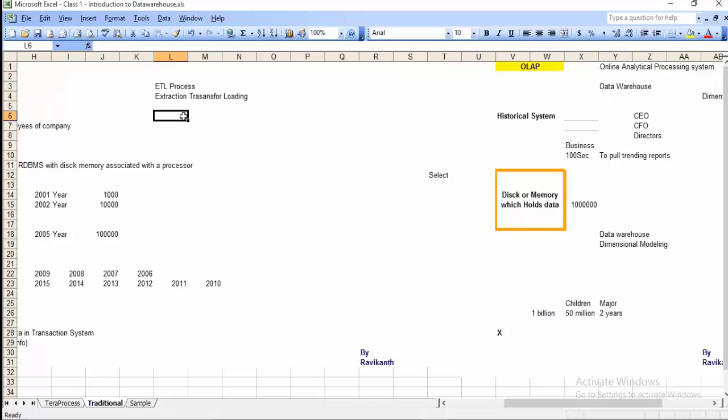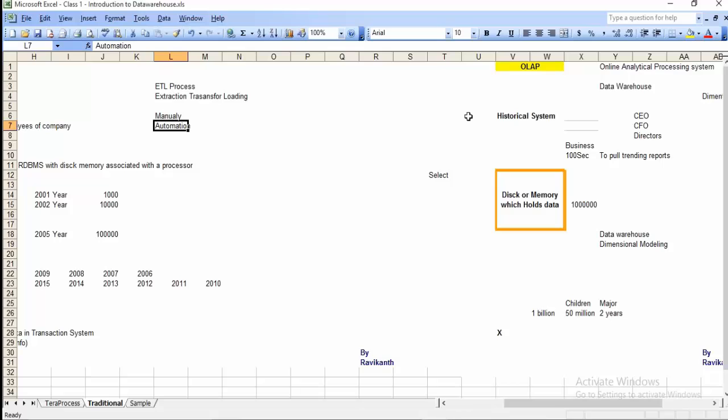Now the ETL process can be done manually or by using automation tools. You can follow ETL manually, but it's a time-taking process.